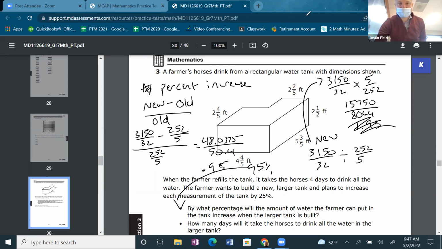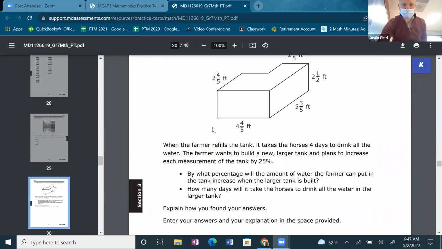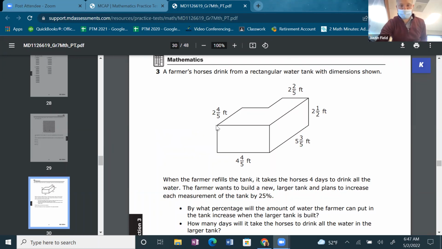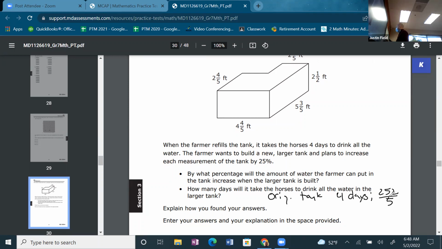How many days will it take the horse to drink all of the water in the large tank? Well, it took him 4 days to drink all the water in the original tank, right? And the original tank was 252 over 5.